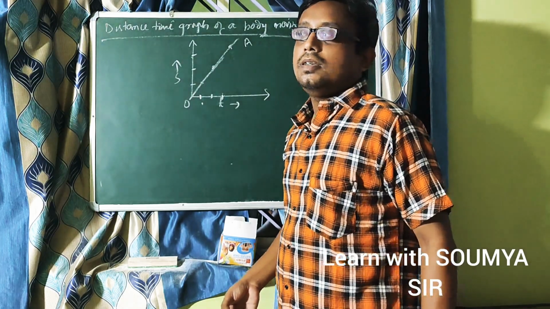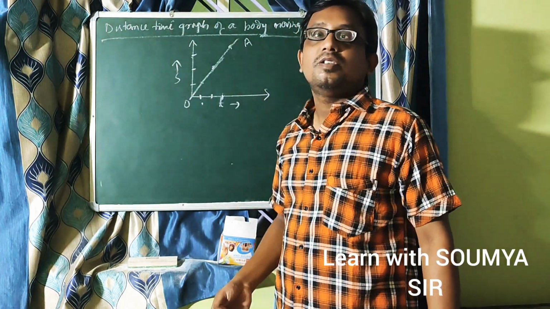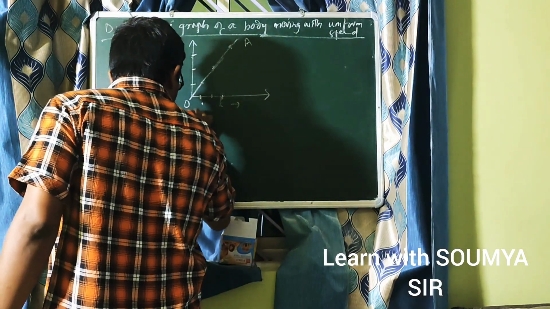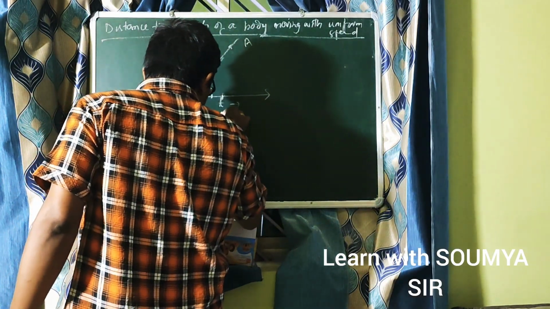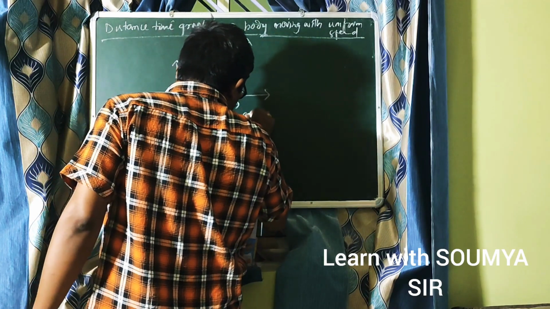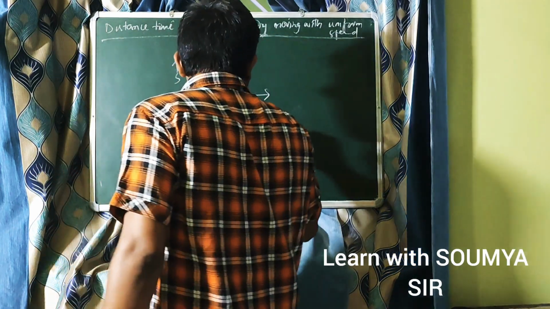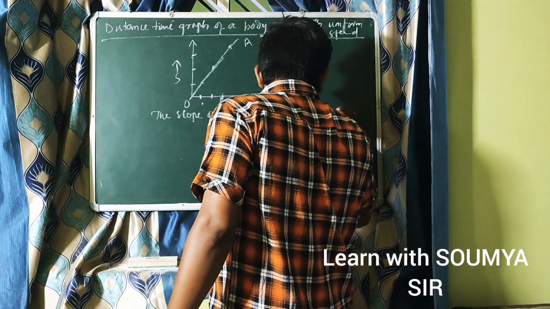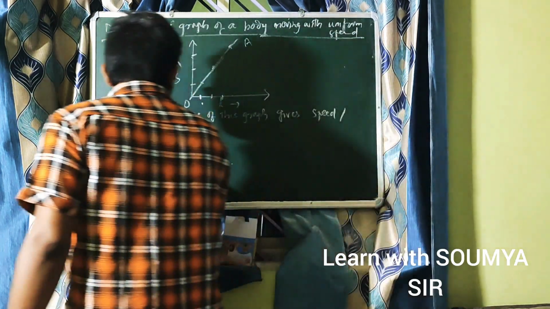Now, what do we get from the graph? The slope of this graph gives the speed or velocity of the body.